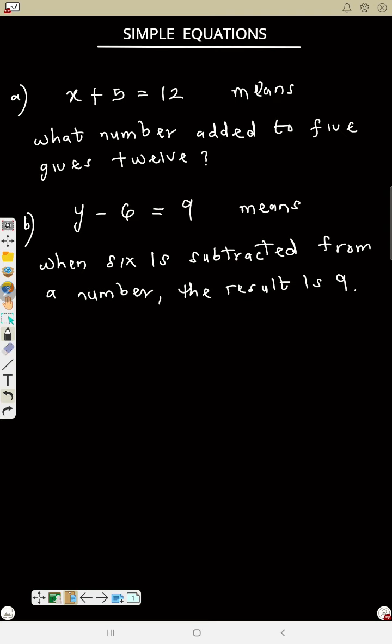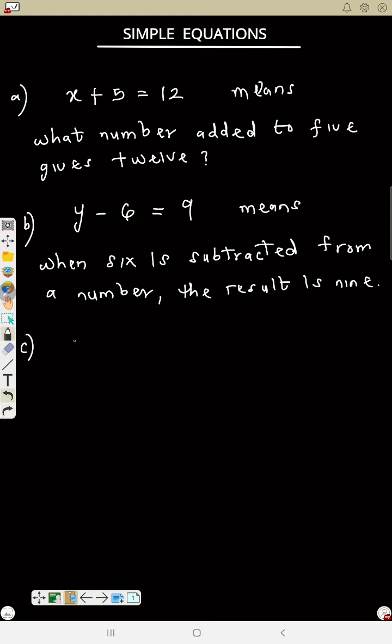That is the meaning. That is, when 6 is subtracted, this is 6, you remove it from y. So when 6 is subtracted from y, the result is 9. That is the meaning of this equation.